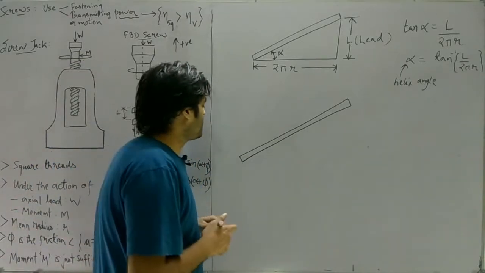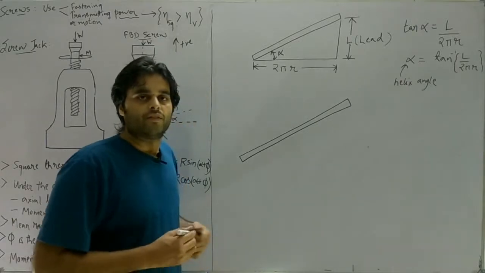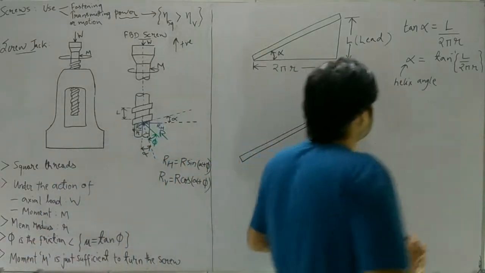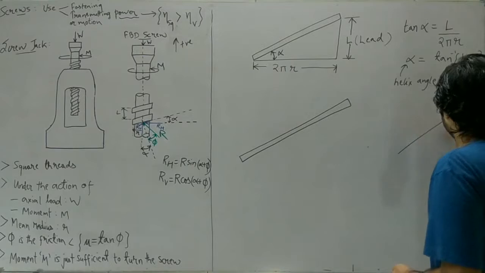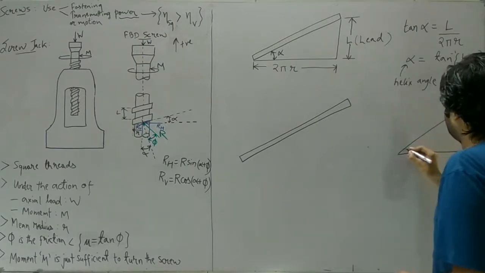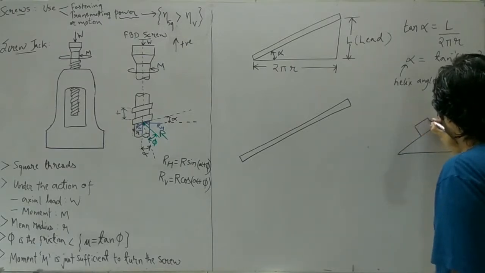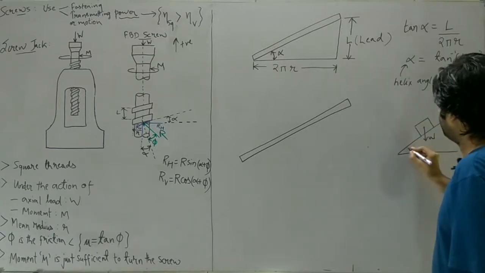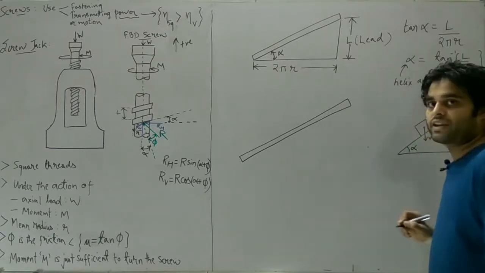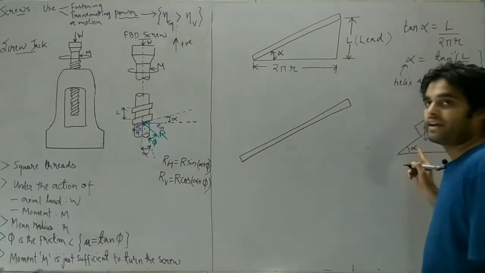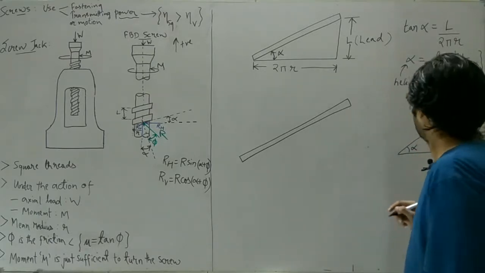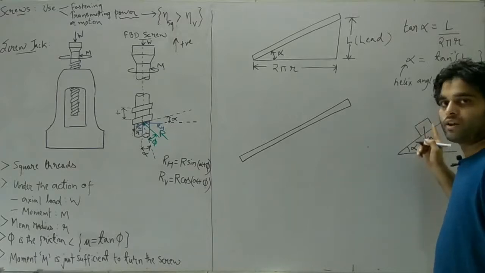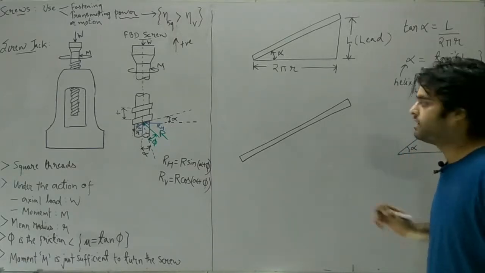Okay, and we can imagine this as a weight W which is kept on a rough inclined plane with an inclination angle alpha. Now this weight can slide up or it can slide down the inclined plane.